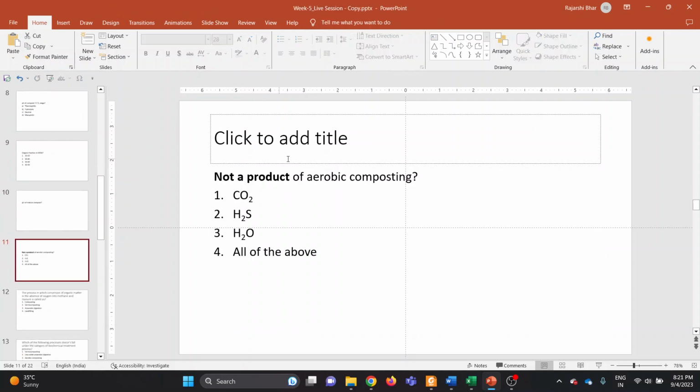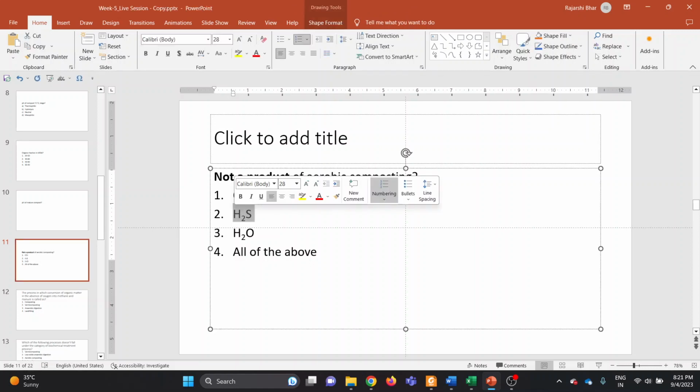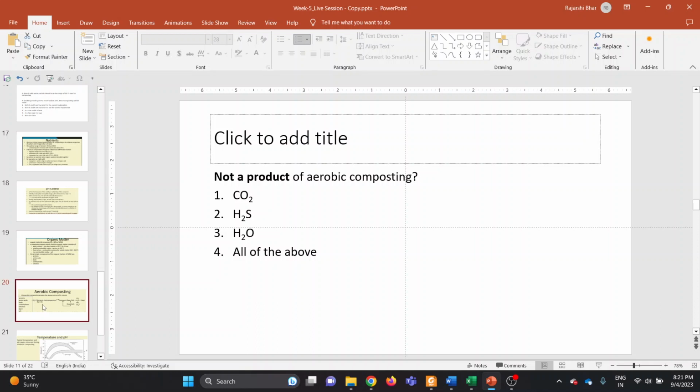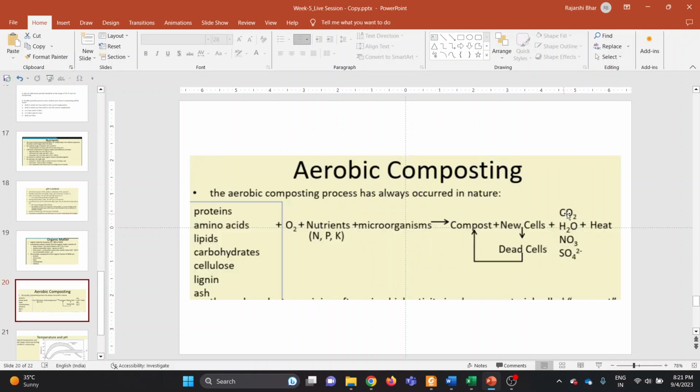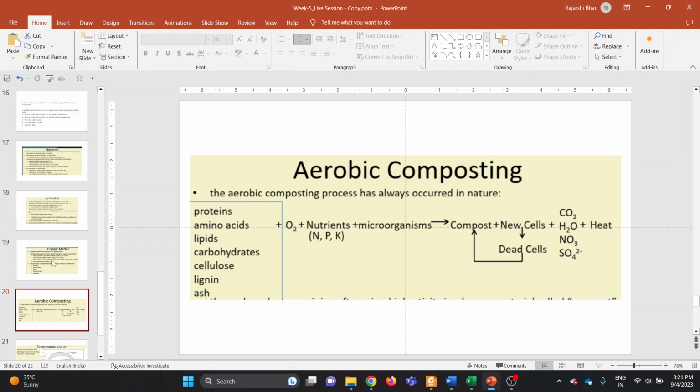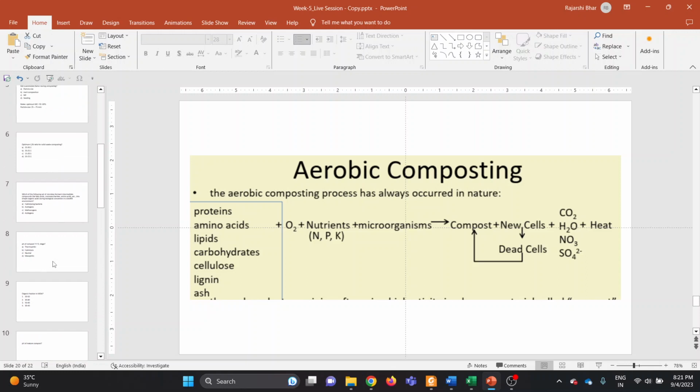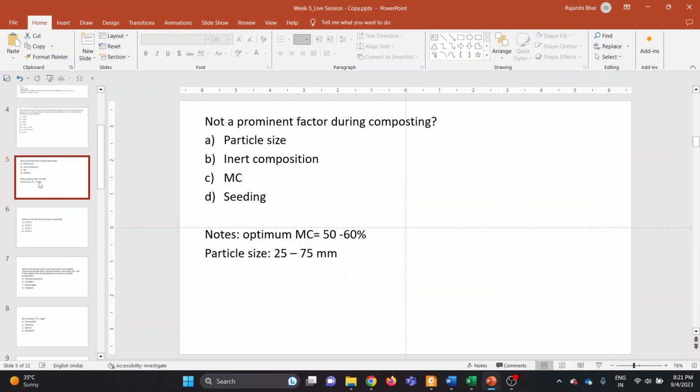Then the next question was, which of these is not a product of aerobic compost? The correct answer is hydrogen sulfide, because hydrogen sulfide is formed during anaerobic processes. In aerobic processes, if you look at this reaction, what is formed? All the oxides: carbon dioxide, water, nitrates and sulfates. These oxidized materials are formed.